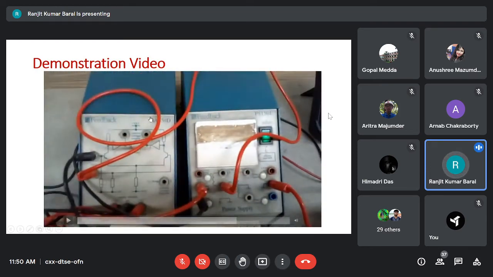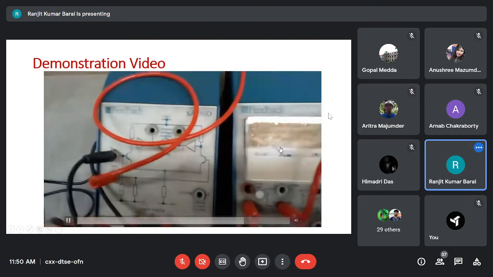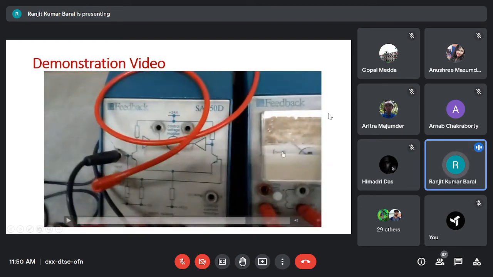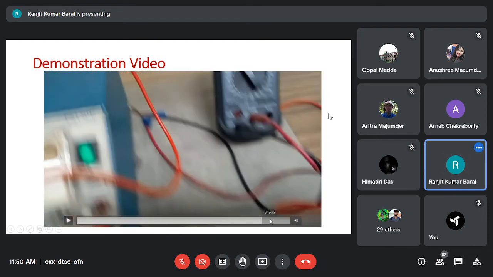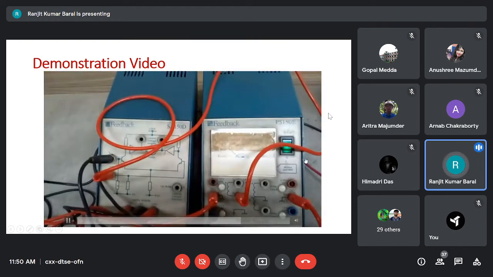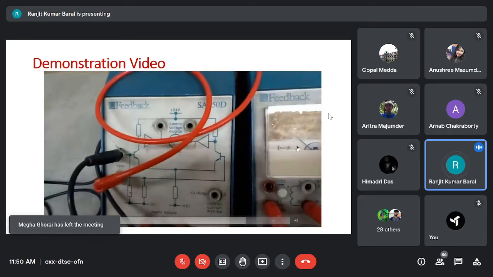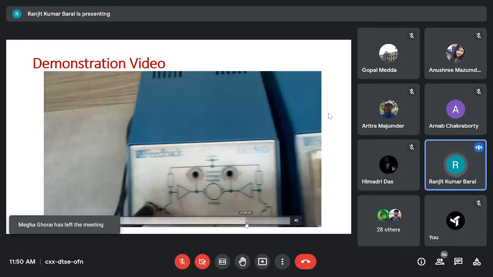So this is the servo amplifier. The armature current is not being measured with this scale. What we have done is tap these terminals, the series connected terminals of the ammeter. This is the ammeter basically.